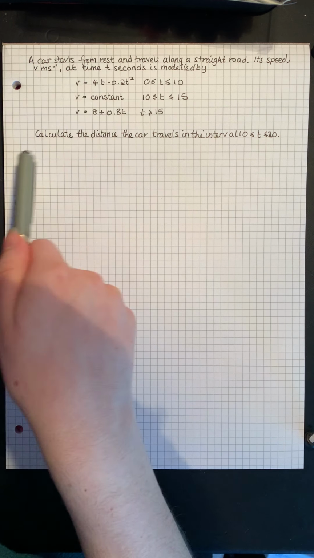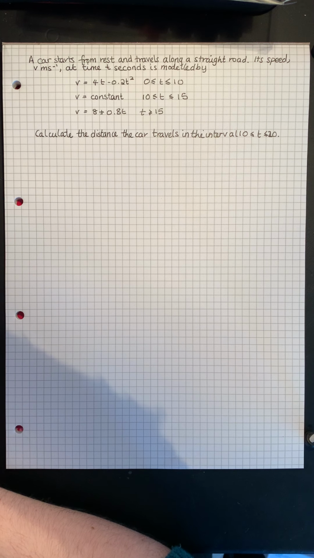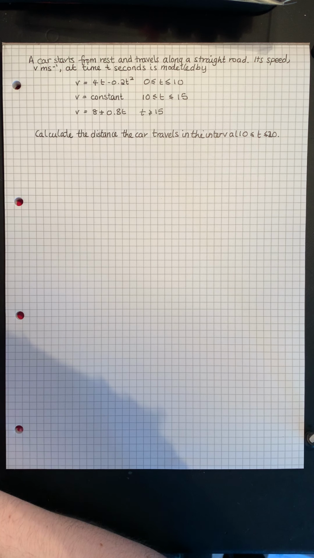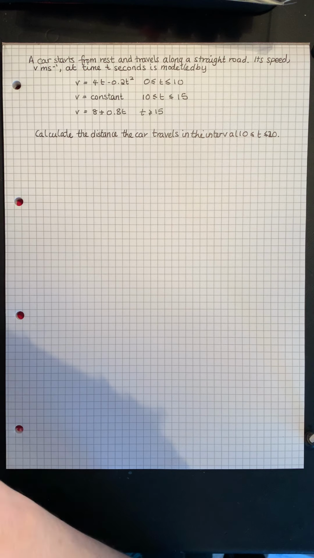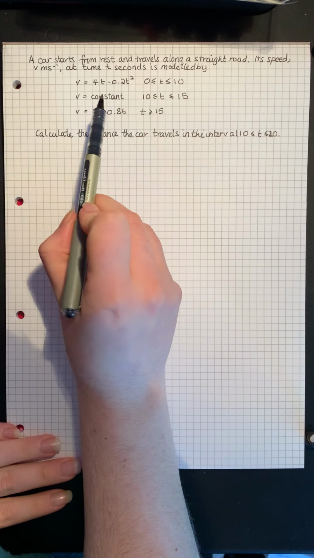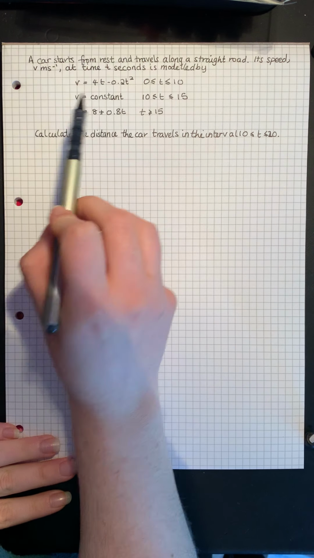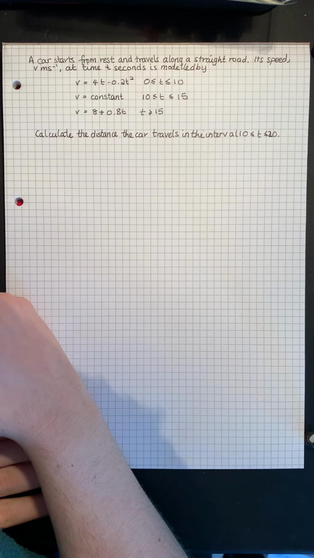So this is just the end part of the question that I wanted to go through, which is calculating the distance the car travels in the interval between 10 and 20 seconds. Before we can do this, we would have needed to work out what this constant value is, which is part of an earlier question.